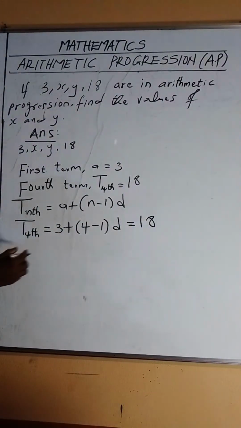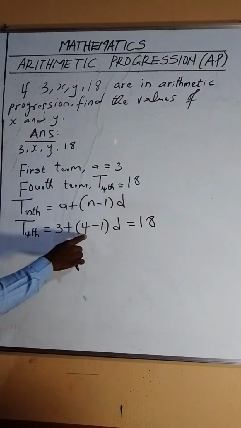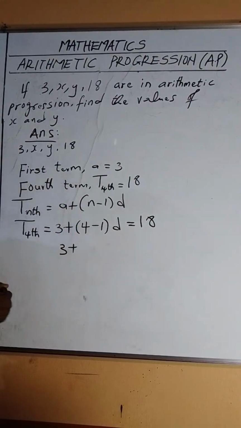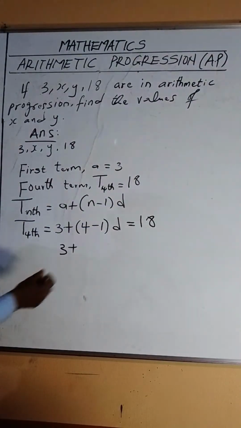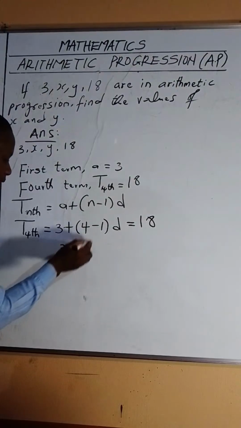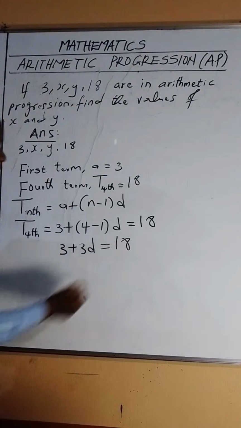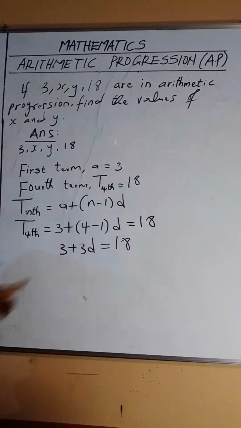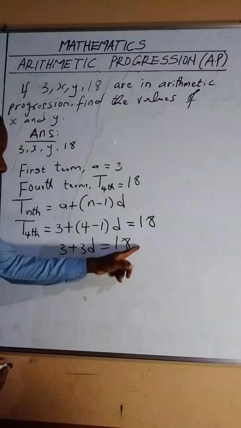So what it implies is that 3 plus 4 minus 1 is 3, then times D. That becomes 3D is equal to 18. Okay, so we can transfer this 3 to the right hand side.